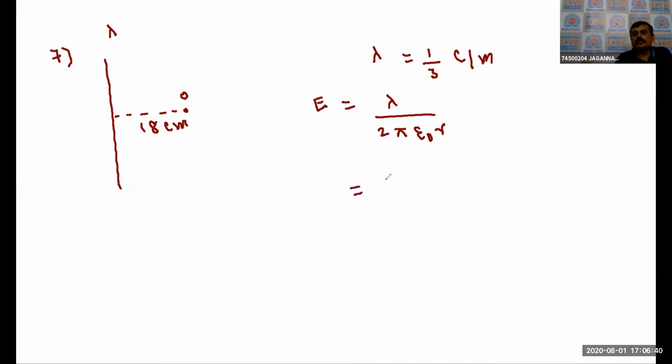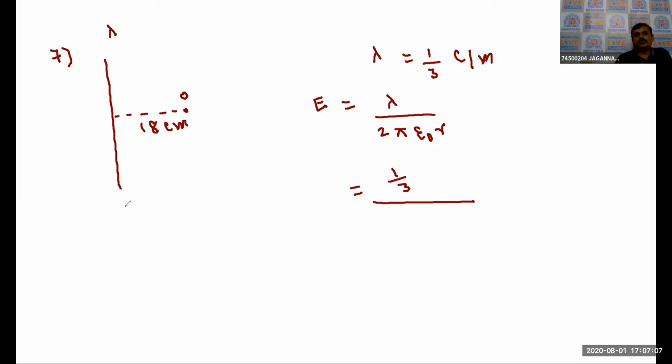Lambda is 1/3, whole divided by 2 pi epsilon naught. Here we have to think logically, because substituting the pi value and epsilon naught value makes the calculation very difficult. To avoid such calculations, we have to think logically.